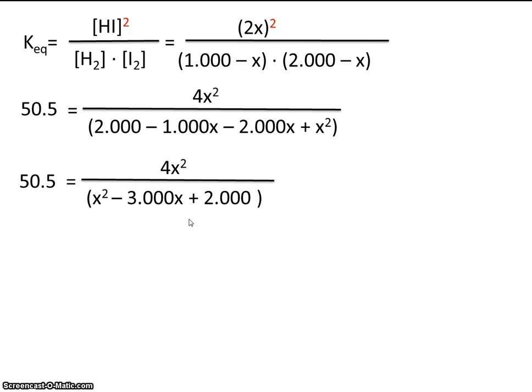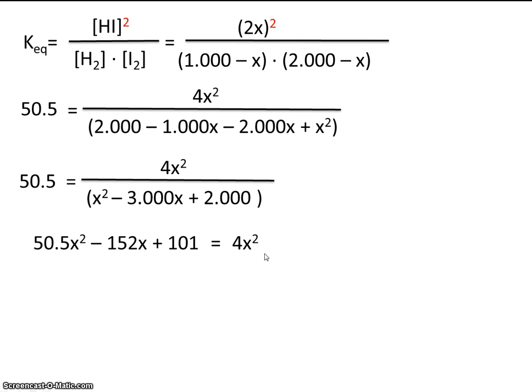Now what we're trying to do, of course, is get x by itself. So let's begin to solve for x. One step we can take is we can multiply both sides by this denominator. So essentially we'll be multiplying 50.5 by each one of these factors. Okay, that's what we have on the left side, and on the right side of the equation, that will all be equal to 4x squared.